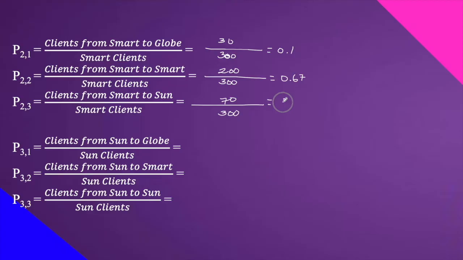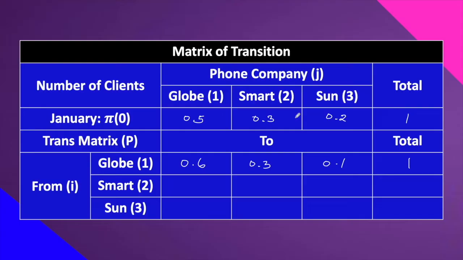That is equivalent to 0.23. And as you can see, guys, 0.1, 0.67, and 0.23 all total 1. So now, let's place them in our matrix of transition. For the Smart, we have here 0.1, 0.67, and 0.23. That is equivalent to 1.